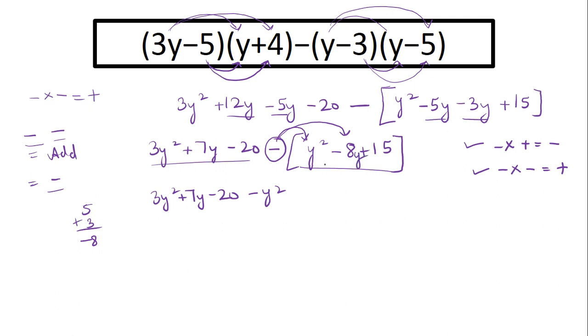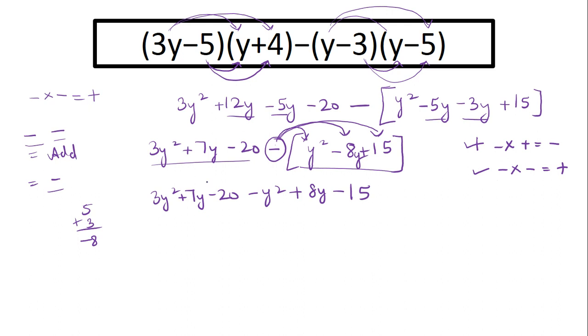So I have to make sure that I have a y squared minus 8y plus 15. Now, negative times negative 8y gives me a positive 8y, and then negative times positive 15 gives me a negative 15.